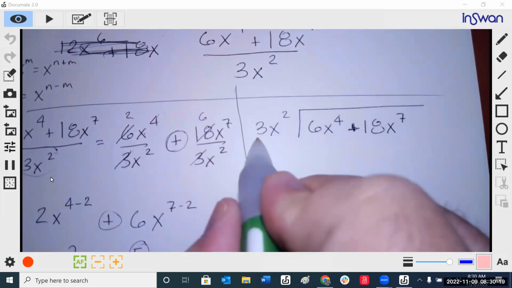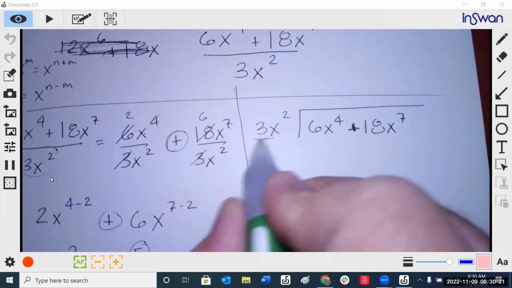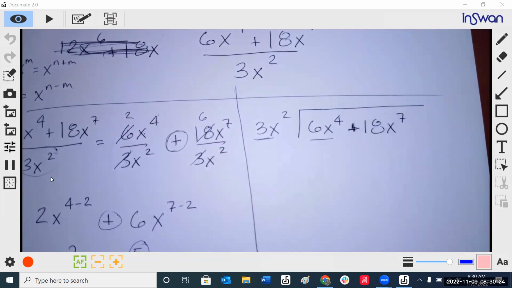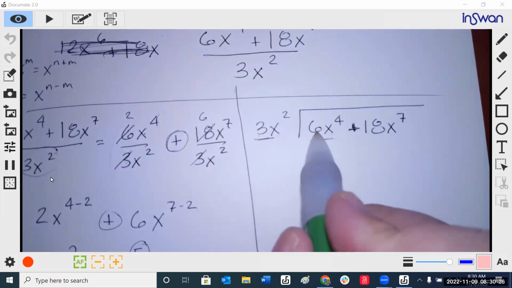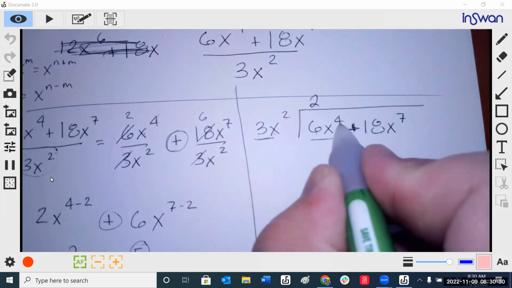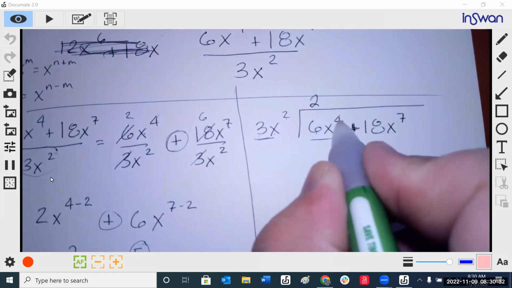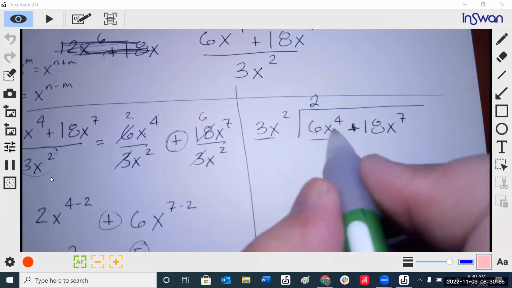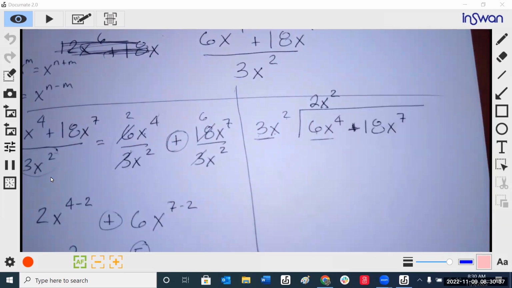Do it in pieces. So what times 3x squared gives me 6x to the 4? So what times 3 gives me 6? What times x squared gives me x to the 4th? How many more x's do I need? Yeah, so I need 2 more x's.